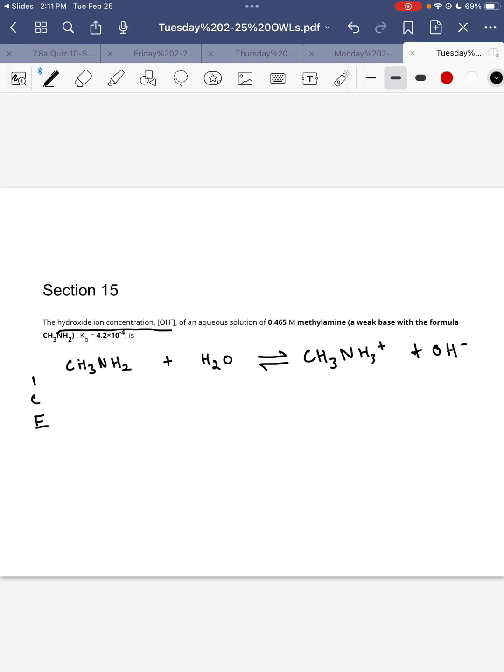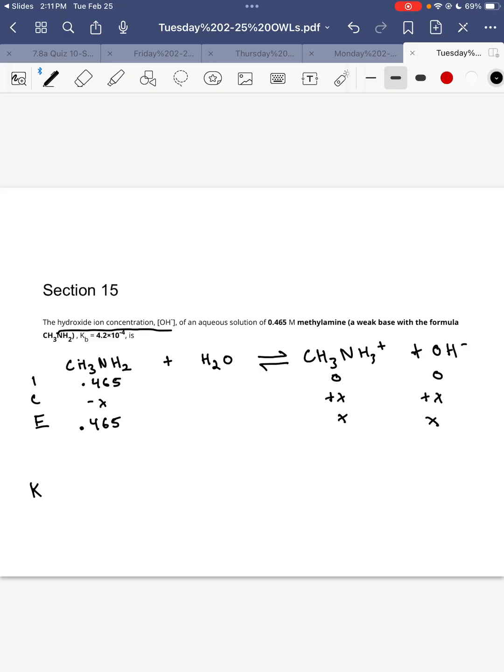We then set up our ice chart with our initial concentrations. We write in the change, minus x, plus x, plus x. And we come to terms with our equilibrium value. Again, I'm cool with just 0.465 because I don't know the value of x.